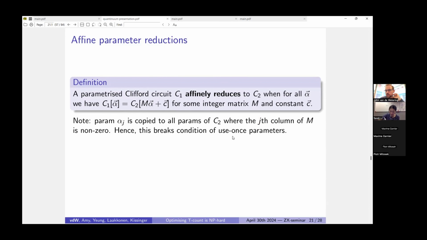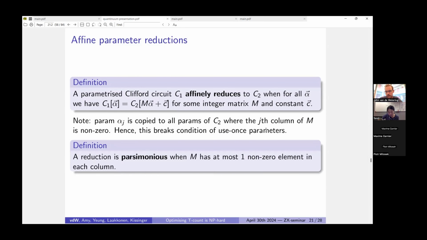This breaks the condition of use-once parameters; you're cloning the parameters to multiple spots. So for now, we're going to assume that this matrix M, or this reduction, is what we call parsimonious, meaning that it has at most one non-zero element in each column. This greatly restricts the types of reductions you can make.